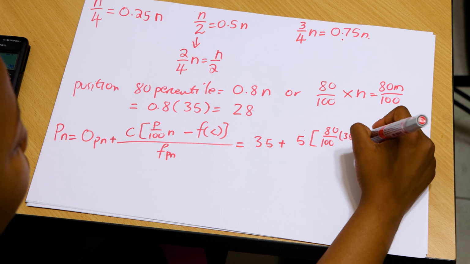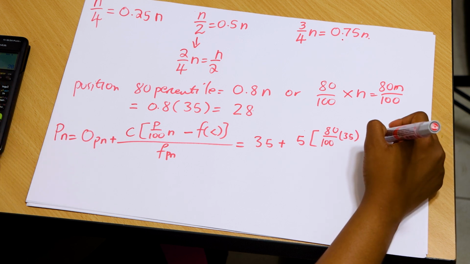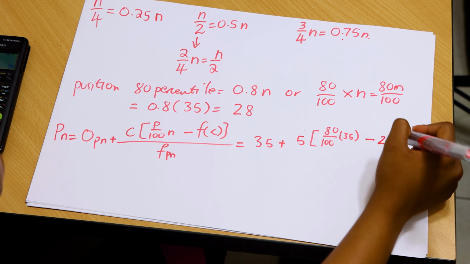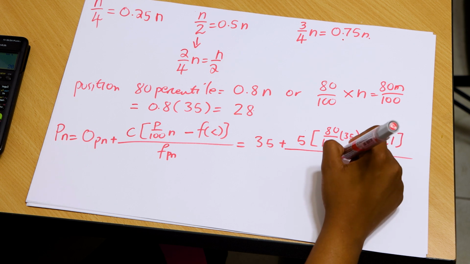Minus the cumulative frequency of the interval before that one, which is 21, divided by the frequency of that interval, which is 9.